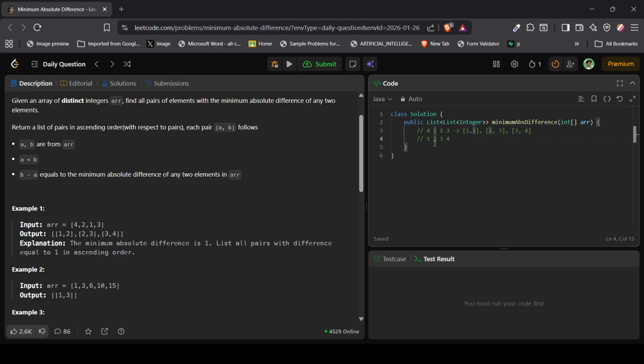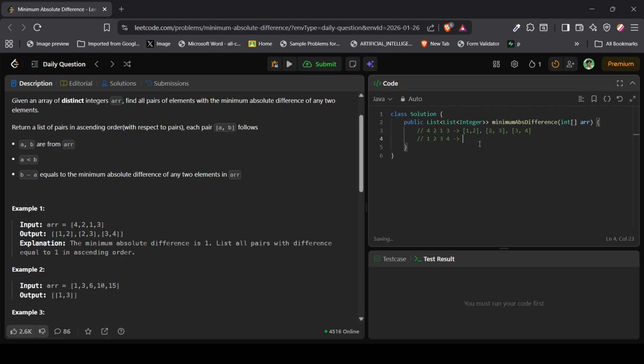And again we have to check what the minimum difference is in this particular array. At minimum it can be 1, right?